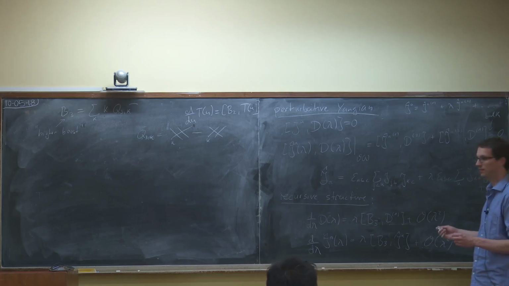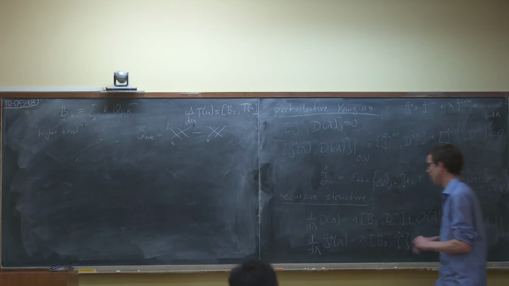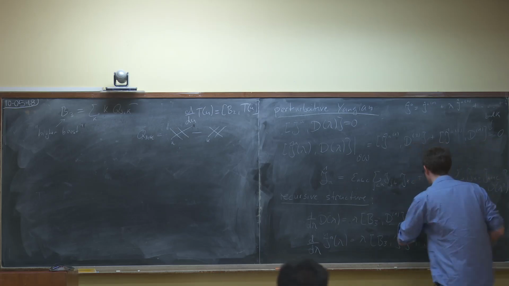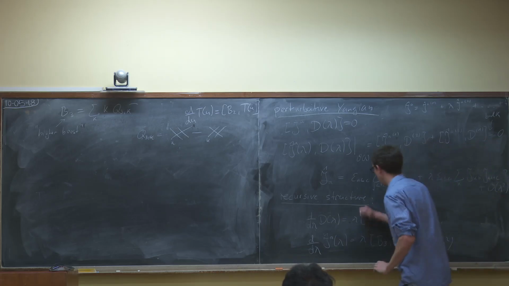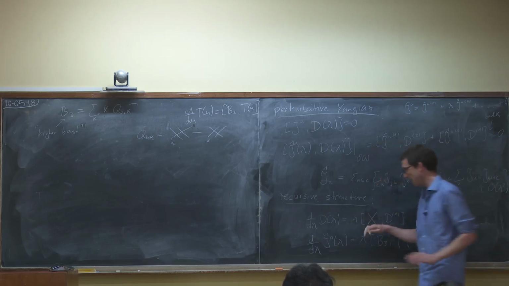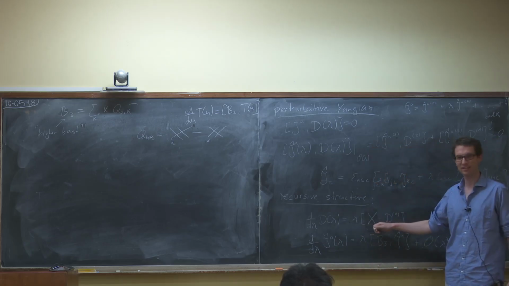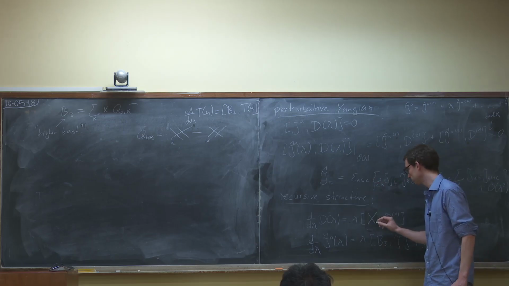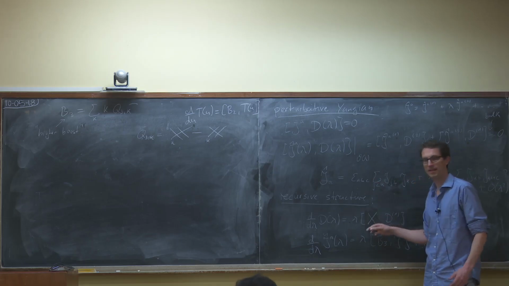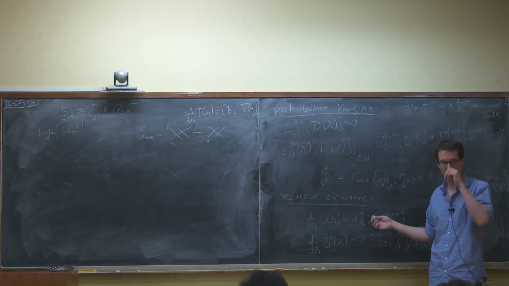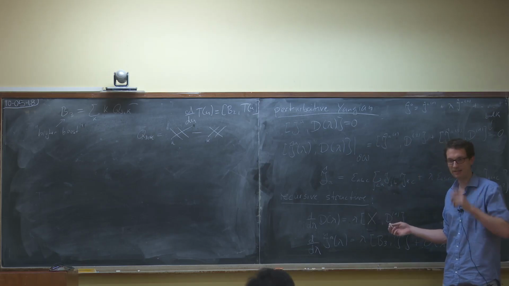Okay, in principle, I can give you an exact relation. I can specify what this X is. It depends on lambda. It depends on these higher boosts and the second type of operator.